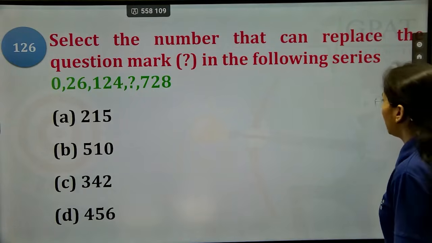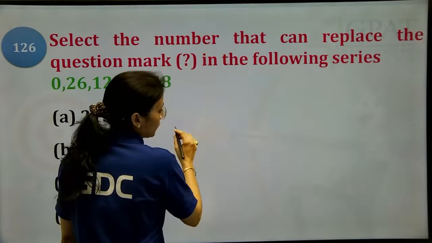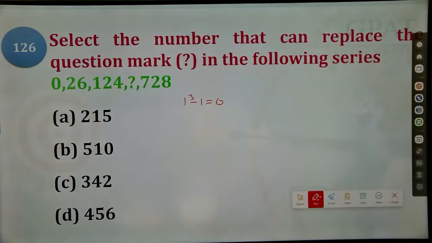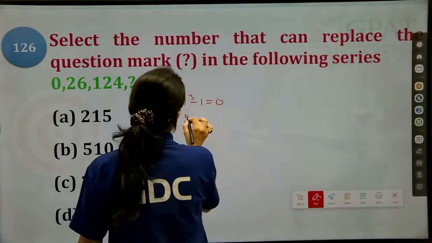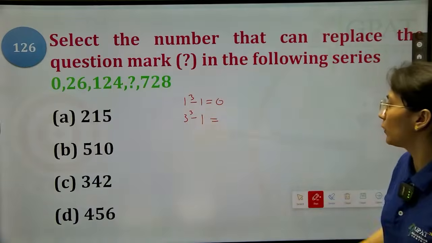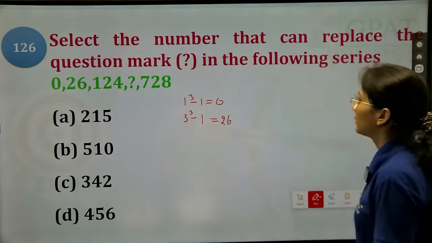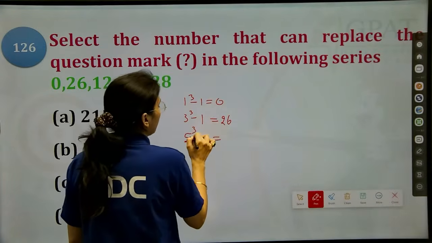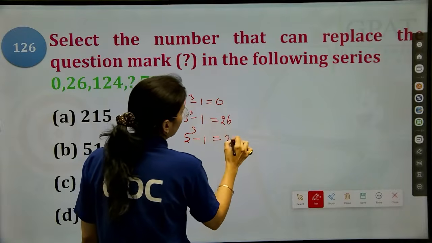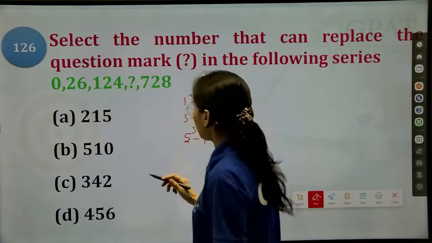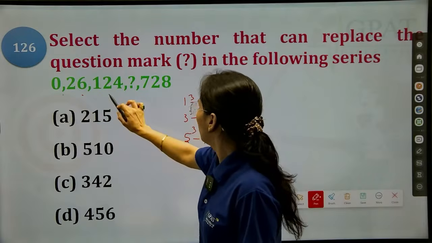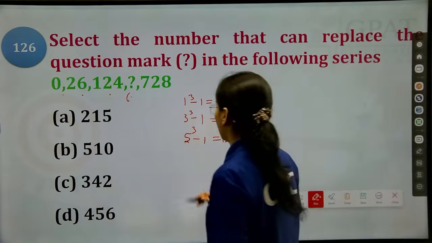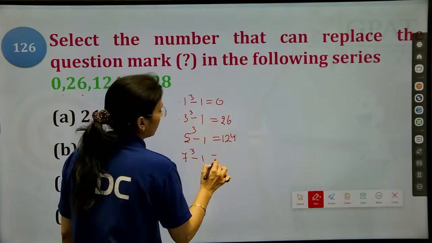If you see, 1 cube minus 1 is equal to 0. 3 cube minus 1 is equal to 26. Now 5 cube minus 1 is 125 minus 1, that is 124. Similarly, here is 1 cube, 3 cube, 5 cube. Now here is the next, 7 cube, because it is an odd number. So 7 cube minus 1 is equal to what?